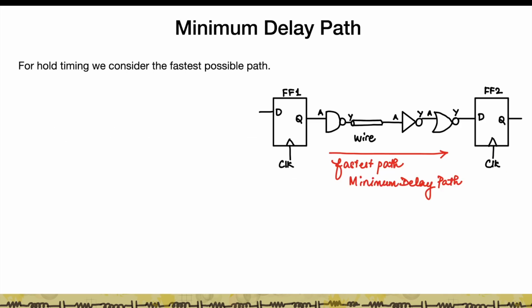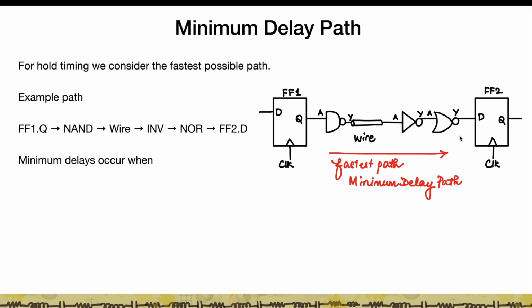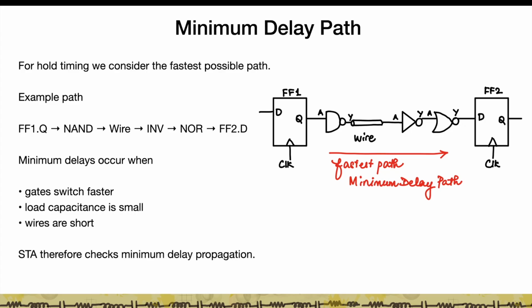For setup timing, we analyze the slowest possible path. We want to make sure even the worst case scenario meets the deadline. For hold timing, we flip that completely. We analyze the fastest possible path because we need to make sure even the best case scenario doesn't arrive too early. The minimum delay through a path occurs when gates are switching the fastest: smaller loads, short wires, light fan out.